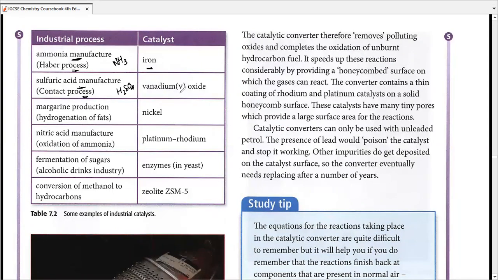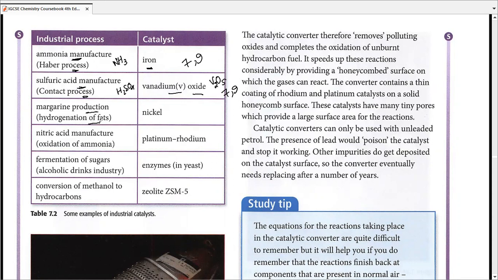That is the contact process. We're going to use vanadium(V) oxide, the formula for which is V2O5. These examples which I'm quoting will come as a part of chapter 7 or chapter 9 or 10 or 11. These are all present in your book. This one is 7 and 9. This one is also 7 and 9, since most of the industry is discussed in chapter 9.